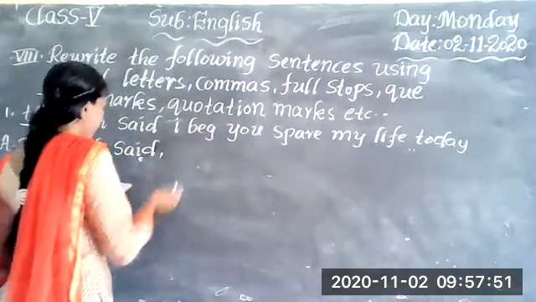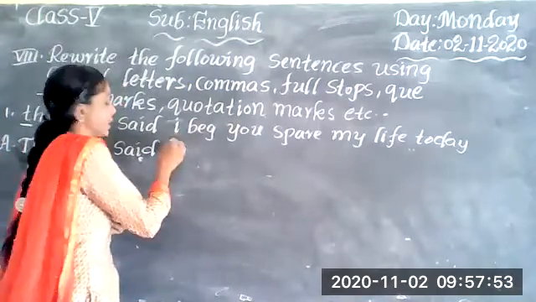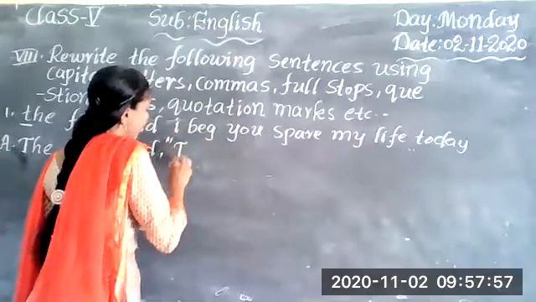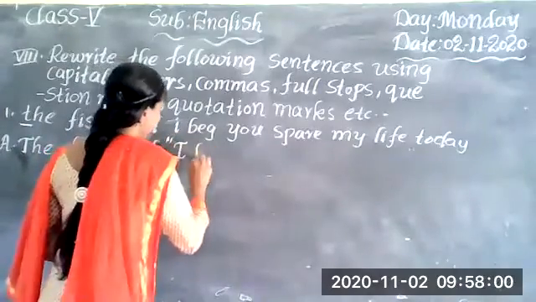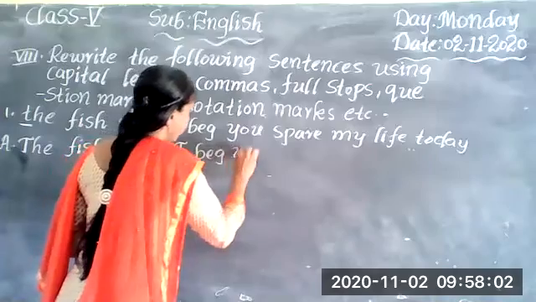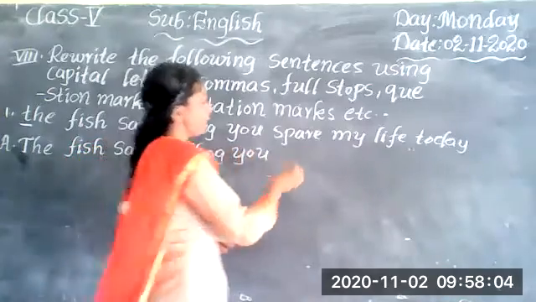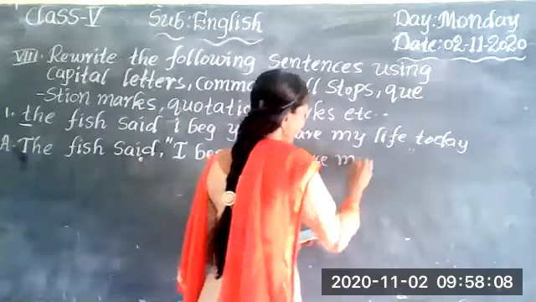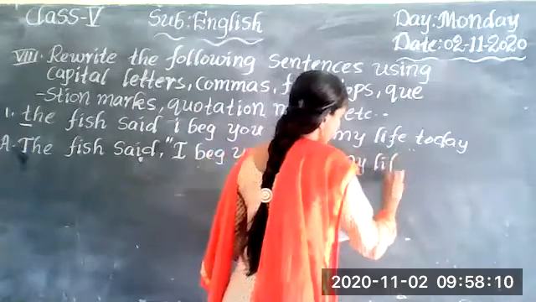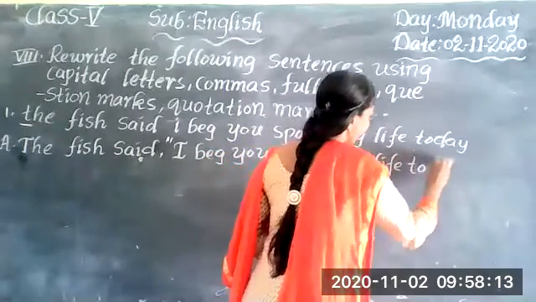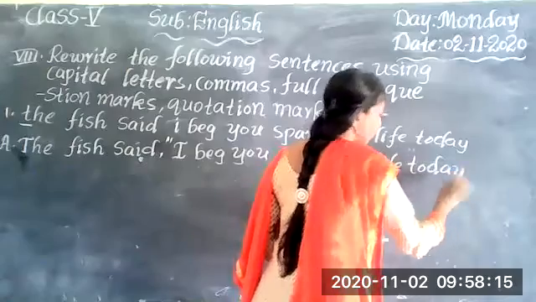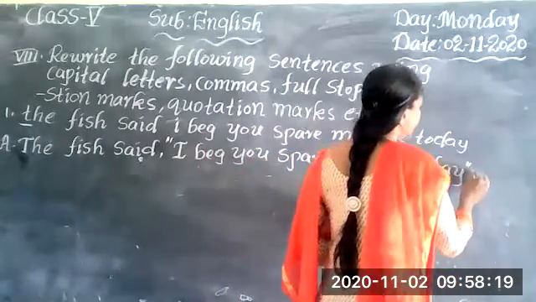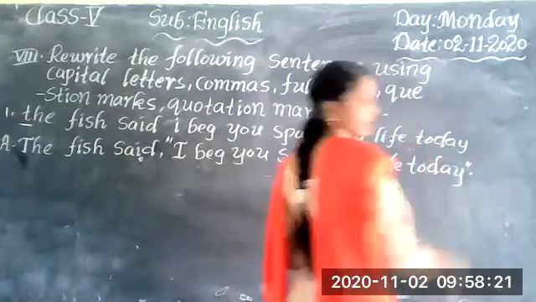The fish said, I beg you. Here first we have to start quotation marks. Then we have to write capital I. Next, beg you spare my life today. So after completion of the sentence, what do we have to do? We have to close the sentence with quotation marks. Then we have to put a full stop. Okay.